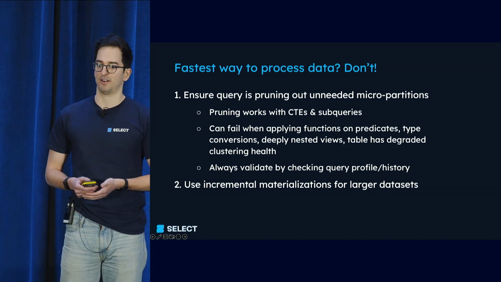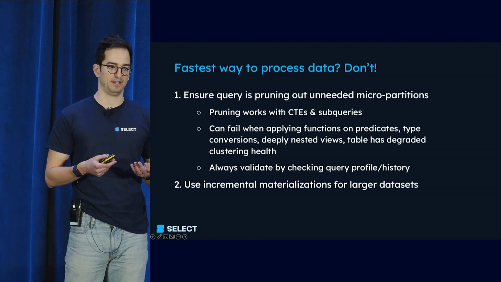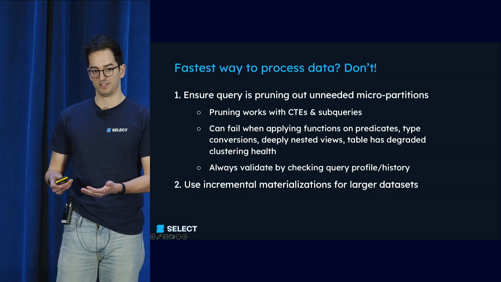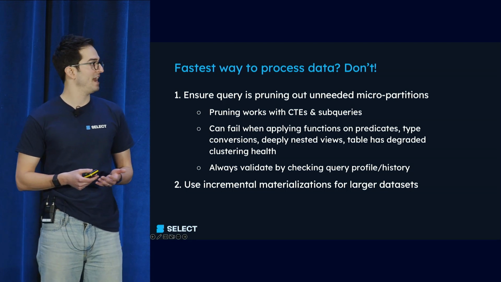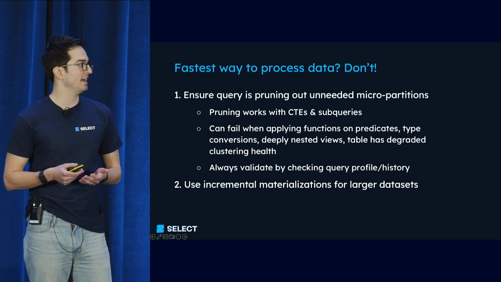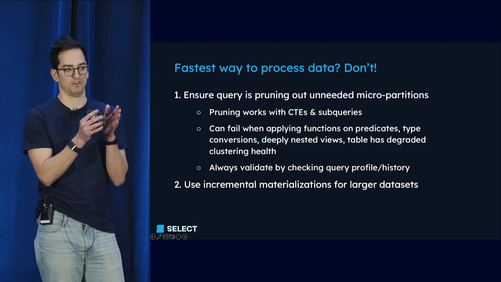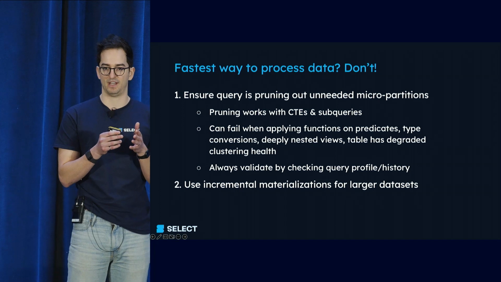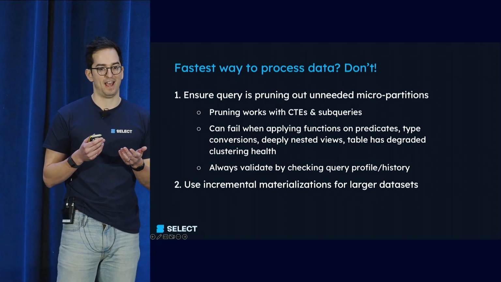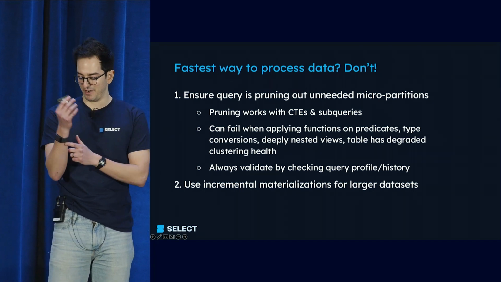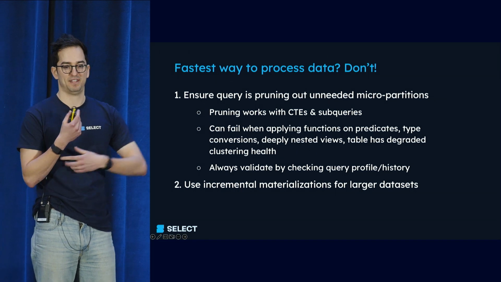Some examples of that are if you apply a function on the predicate in your filter, or if you do a type conversion. Another interesting thing that can happen is your table can get degraded clustering health, so those micropartitions don't have a narrow range of data anymore. An example of where that can happen: I'm wearing a Whoop band, which emits event data.